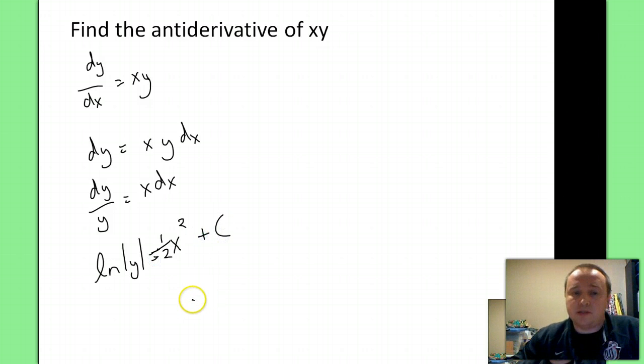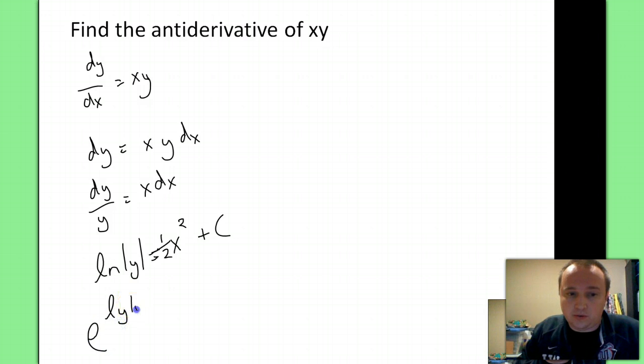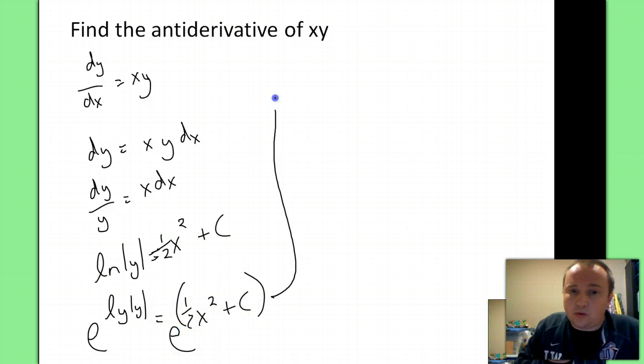Now, to get my particular solution, I need to exponentiate, meaning I'm going to turn these into a power. And so these are now the power of e. Now, that was supposed to be an n over here. Sorry, guys. And so e to the natural log of y is absolute value of y.